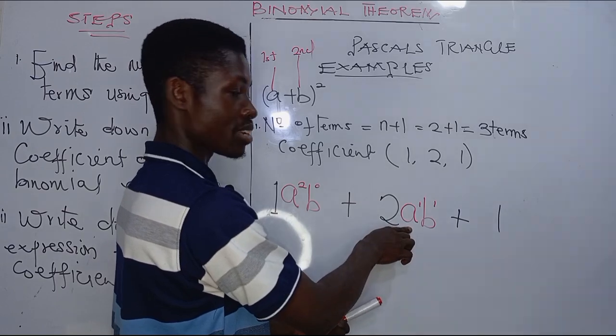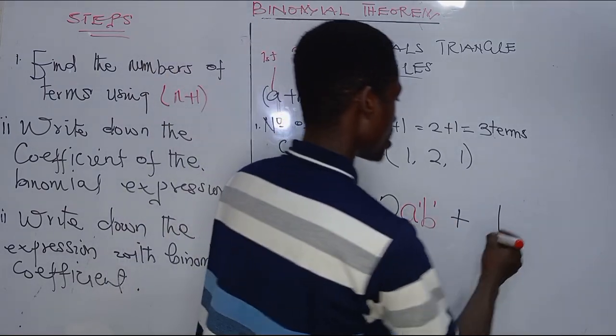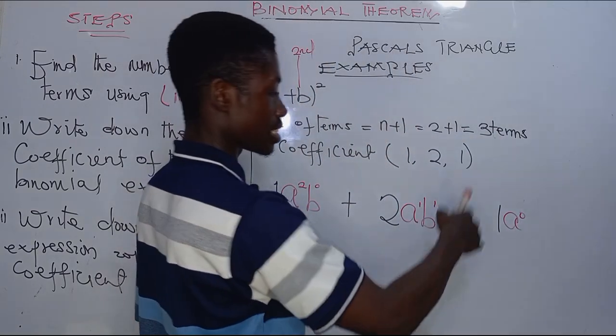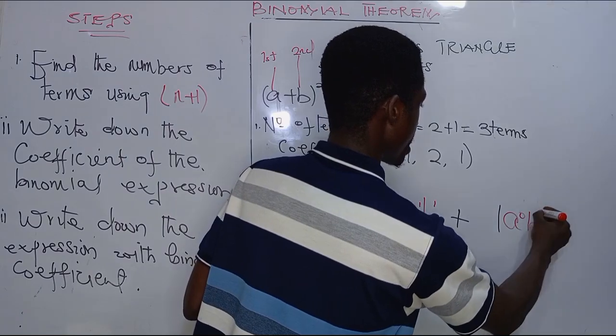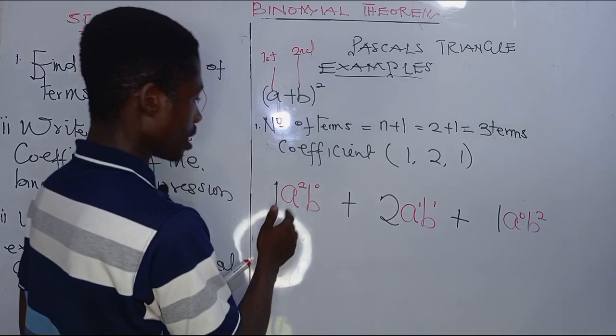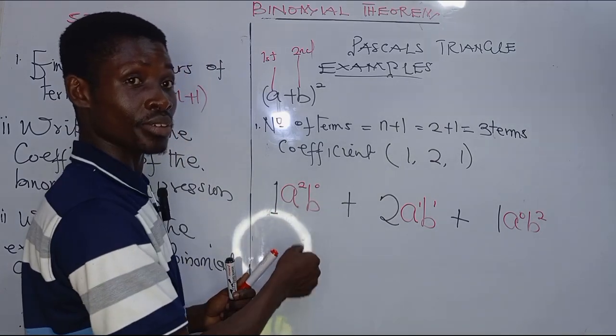Now the power of the first term decreases, so from 1 it moves towards 0, so we have a raised to the power 0. And then b increases, so from 1 we move to 2. Now let's simplify. 1 times a to the power 2 will still give us a squared. Any number raised to the power 0 is 1.